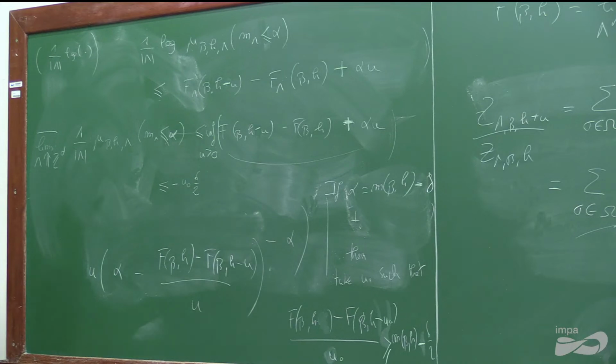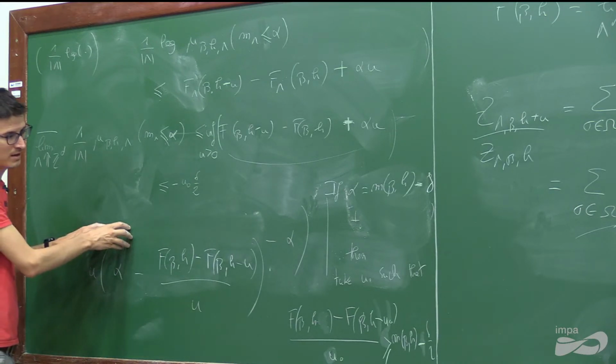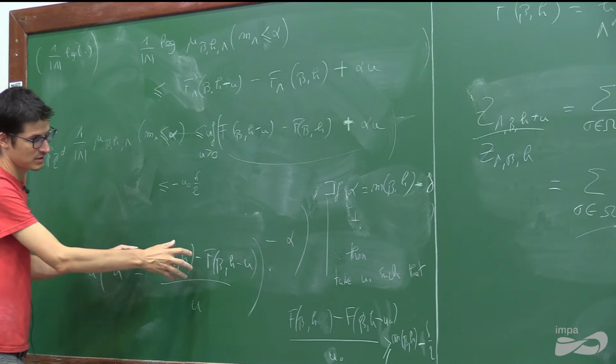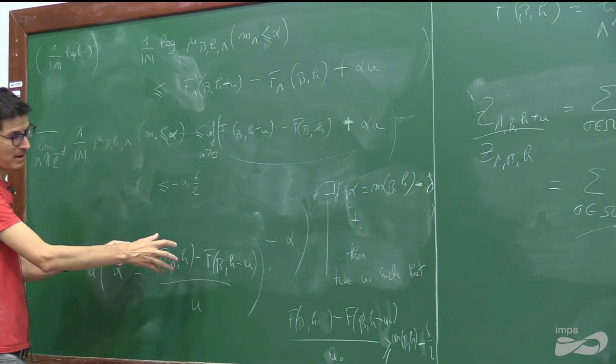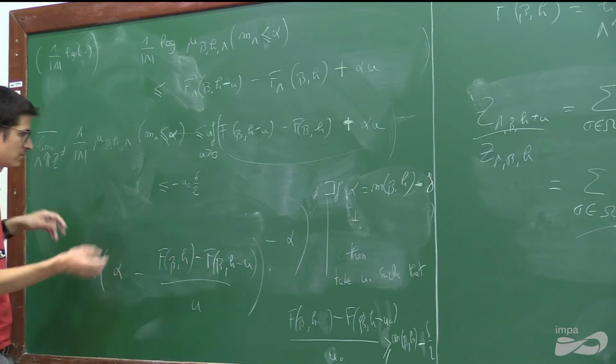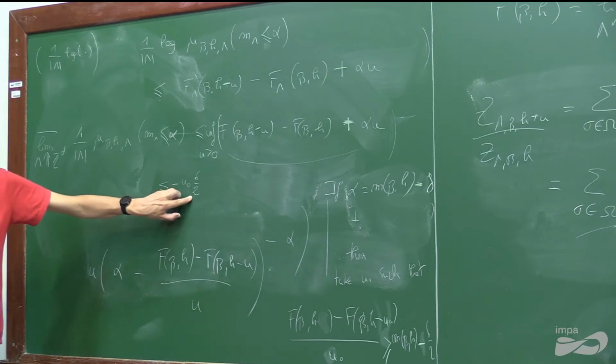Okay, you have m minus delta. You're subtracting something which is larger than m minus delta over 2, so you get the same conclusion here.